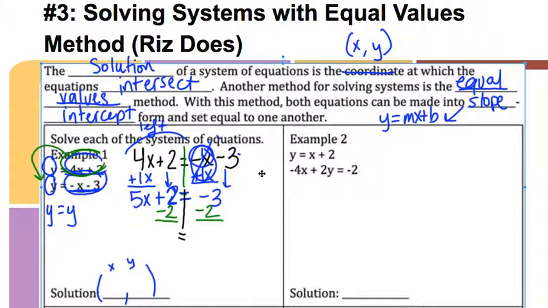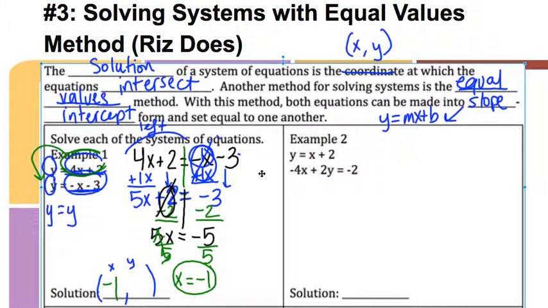Now the whole purpose of this is so that I can get x alone to figure out y. That's 0, so 5x equals negative 5. This is multiplication, so I use the inverse operation of multiplication, and I divide by 5. And I just figured out that x equals negative 1. That's part of my answer.